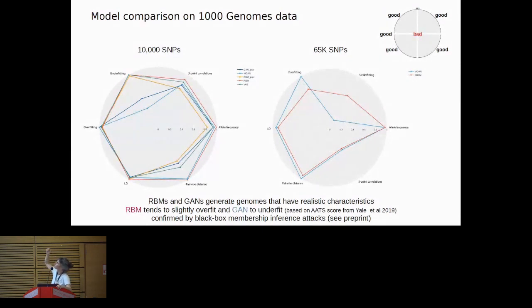And so we saw that there was maybe a small leak of information for the RBM that has a slight tendency to overfit, and it's hard to prevent it from doing so. While the GAN is a bit underfitting, although on the summary statistics, they still look quite fine and useful for population genetics.